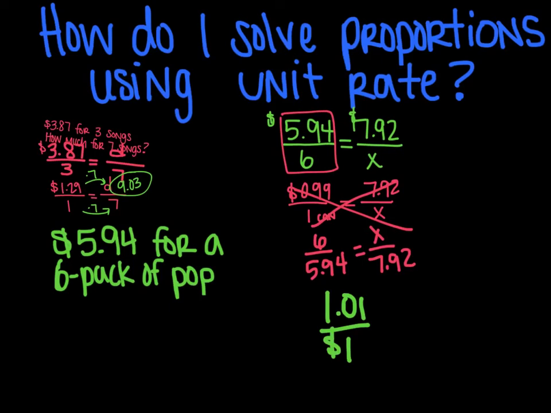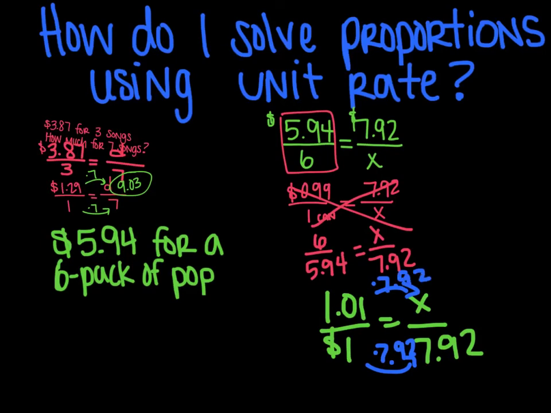So I get almost 1 whole can for $1, but it's a little bit more than that, equals X over 7.92. Now you can see that scale factor kicking in here. So 1 times what is going to give you 7.92? Well, obviously you're multiplying by 7.92. So then you take 1.01 times 7.92. Now this isn't necessarily completely mental math, but it's a lot easier than what it was.